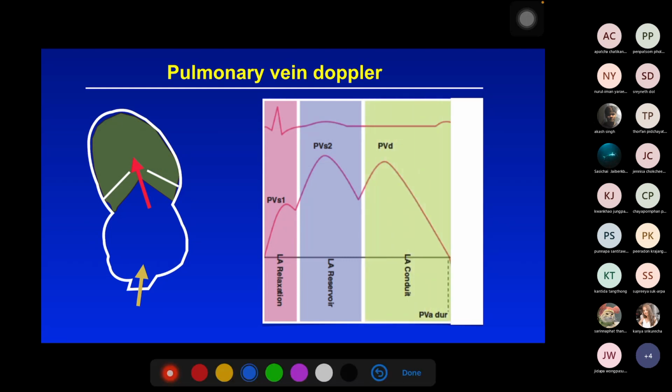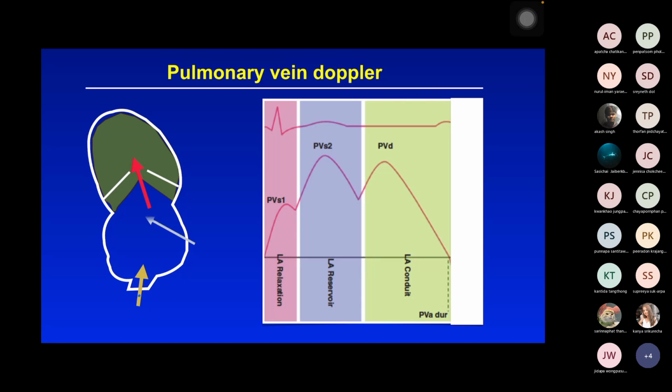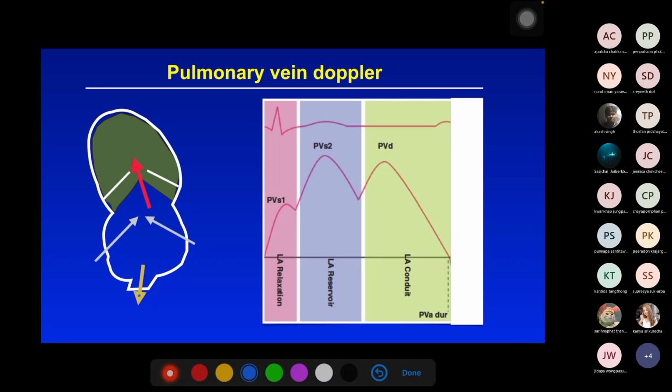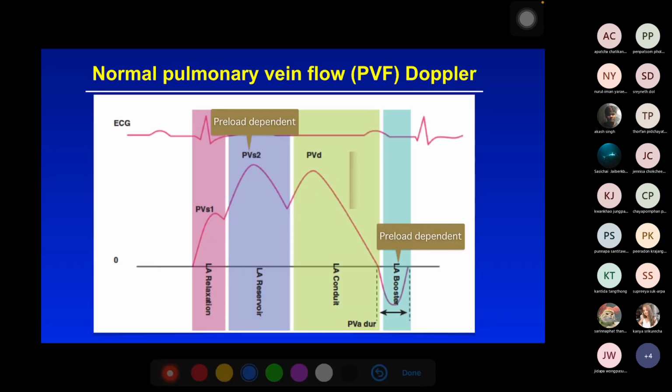It generates the D, the pulmonary vein D Doppler. And then atrial systole is the last phase of the diastole. Some of the blood goes back to the pulmonary vein. This is the A reversal.